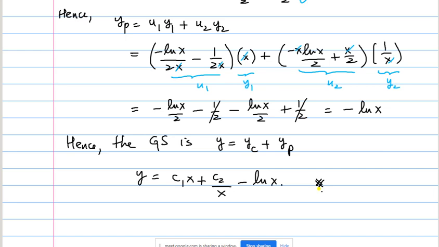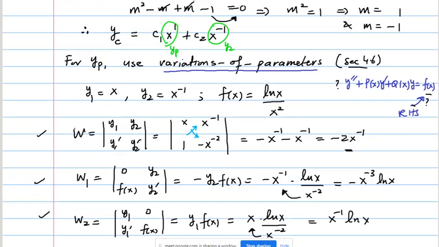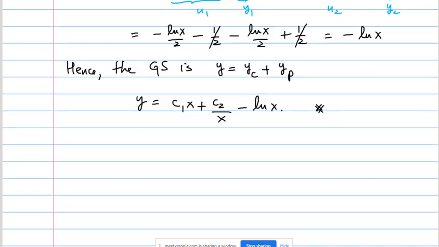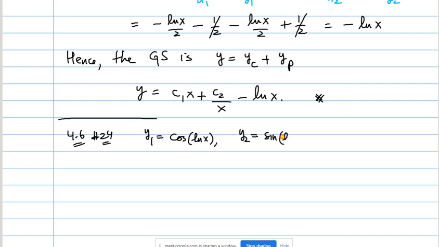So 24, I think I did it in the class. I remember that. Is the problem in the integration or in the method? Because the method is the same as this one. You have to pick y1, y2, and in 24, y1 and y2 are given to you. So you just have to, I think I did this question during the lecture.